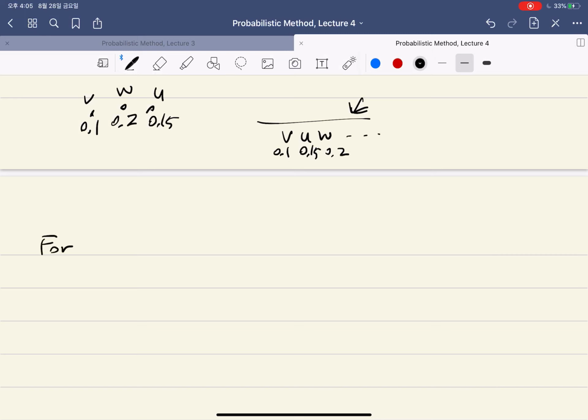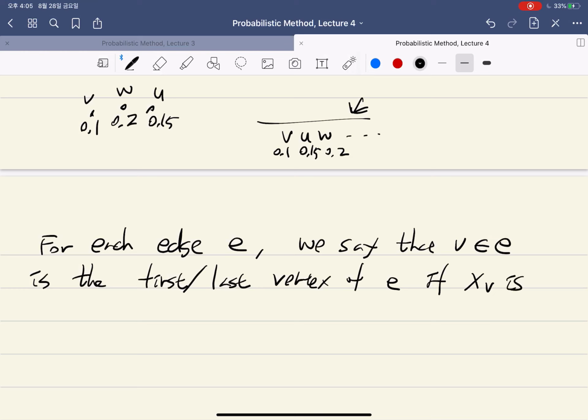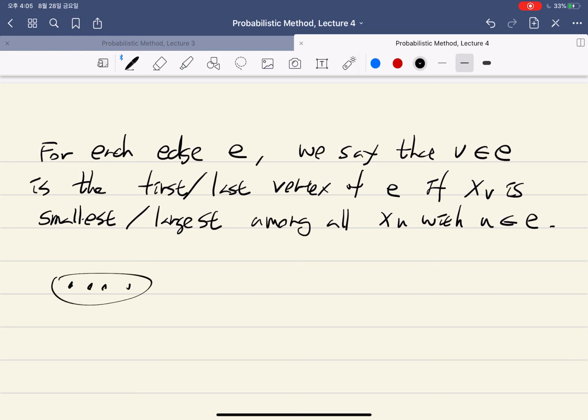Now for each hyperedge E, we say that a vertex v in E is the first or last vertex of E if x_v is the smallest or largest among all x_u with u in E. So we have this hyperedge U, V, W, X, and the values are 0.1, 0.3, 0.2, 0.15.